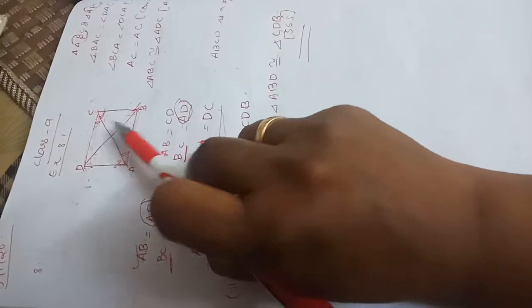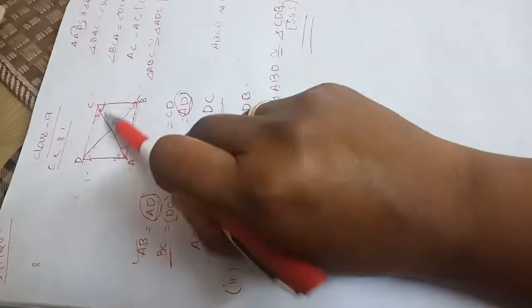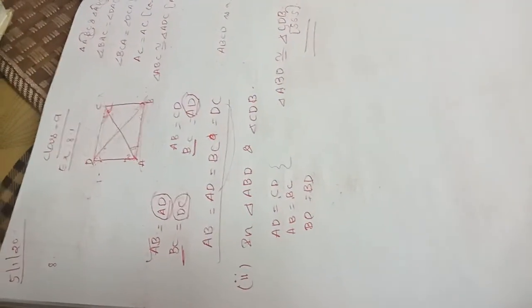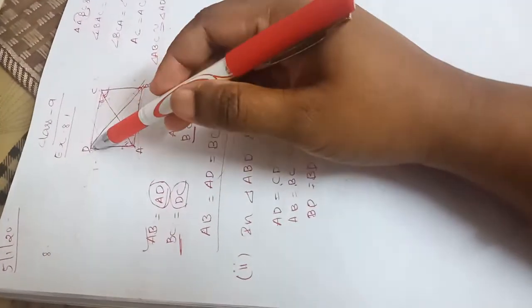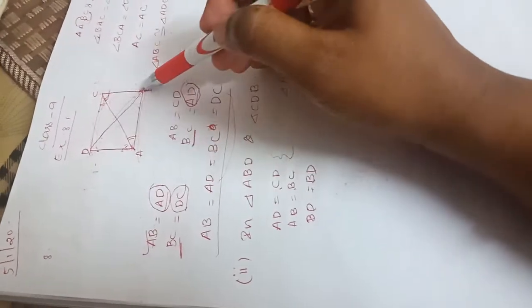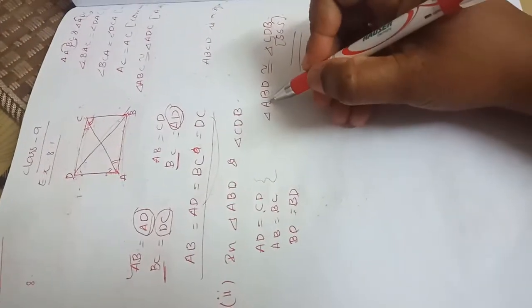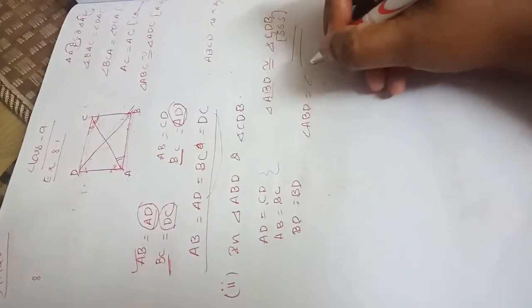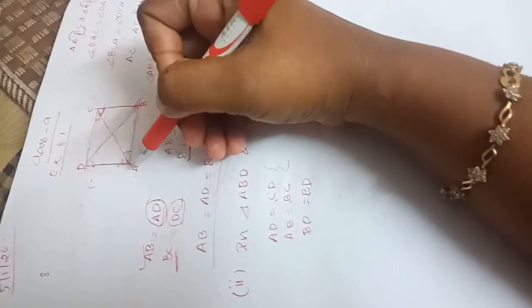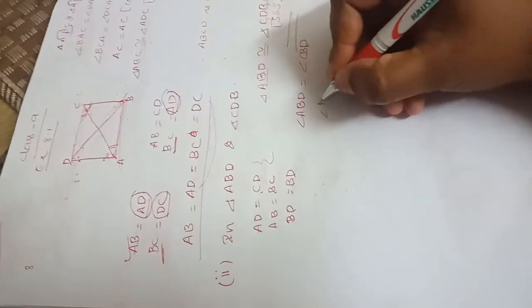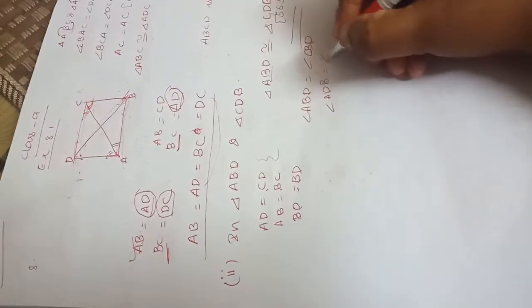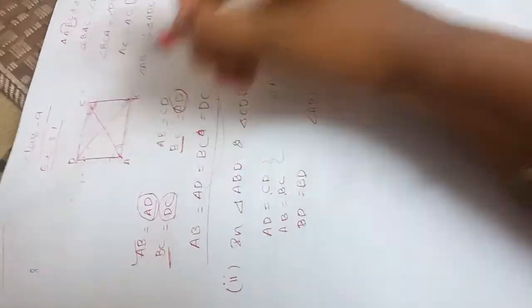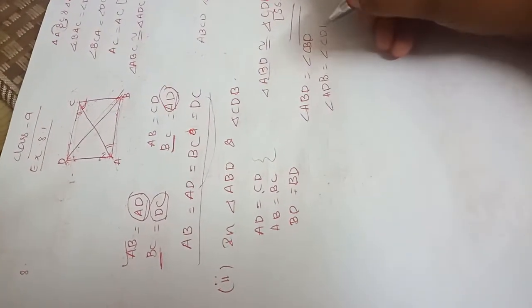If these two triangles ABD and CDB are congruent, then we can equate their corresponding parts. Which are the corresponding angles here? Angle ABD is equal to angle CBD. Again we can equate these two angles also: angle ADB is equal to angle CDB.